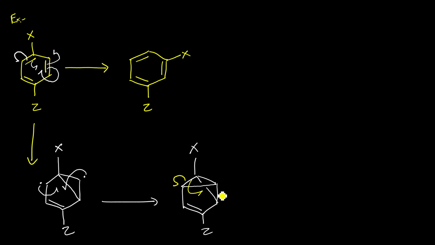So I'm going to do the same thing here, this bond also. Take one electron and coming here to form a double bond, and the other one will stay here to form the radical. Now I have the structure like this. Let me erase these parts.